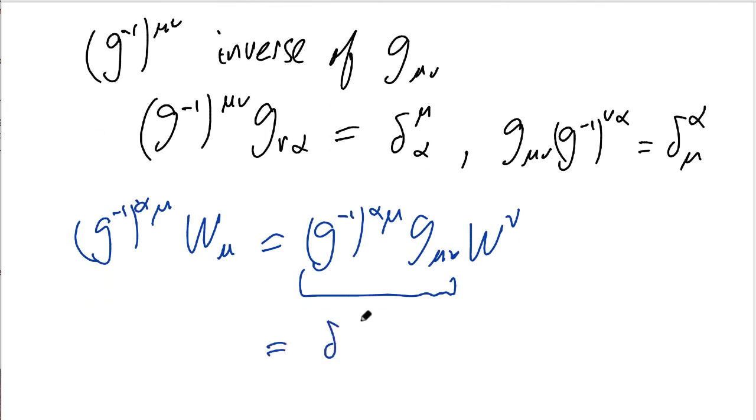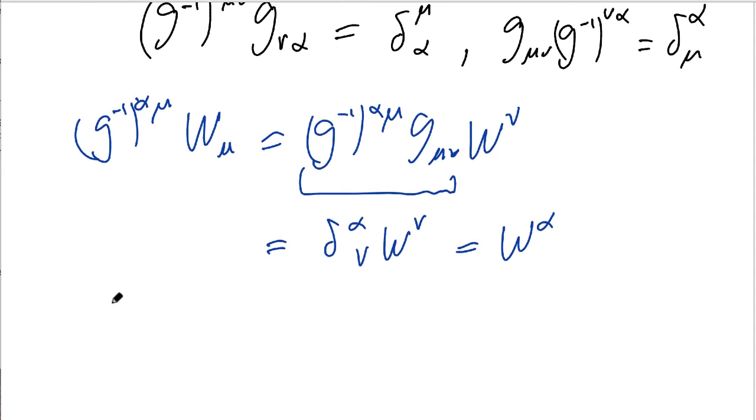So that's delta alpha nu W nu. And we know the same reasoning we've seen before. There's a sum over nu. Because most of these terms are 0, the only term that survives is the one in which nu is equal to alpha. So this is just W alpha. So our result is W superscript alpha equals G inverse alpha mu W subscript mu.